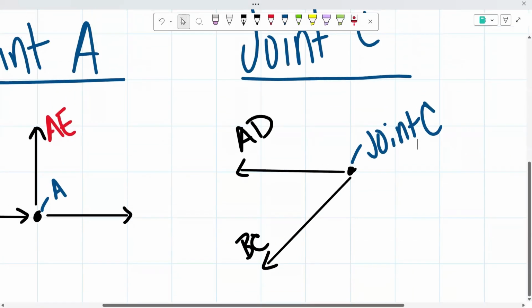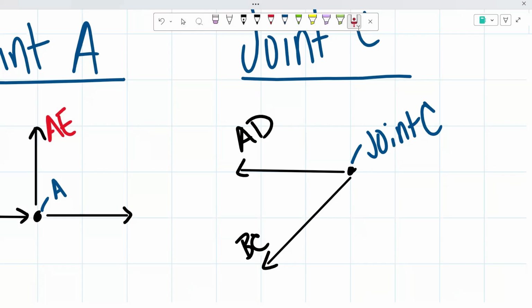So now looking at this joint, we could see that this joint falls underneath case 1. And case 1 is when only two members meet at a joint at an angle other than 180 degrees, and no other external force or support reactions exist at the joint. So as you guys could see, we have these two members that meet at a joint. There is no more than two.